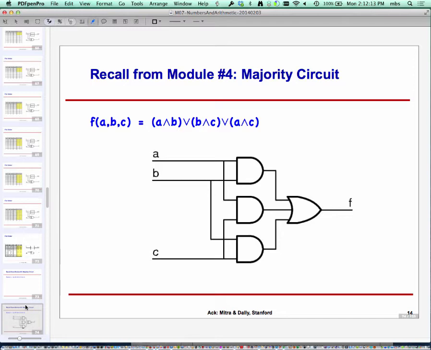This is sum of products, De Morgan's or duality. Yeah, actually, just change all the gates to NAND gates. That's a good pattern to remember.